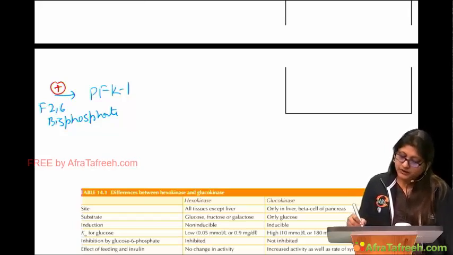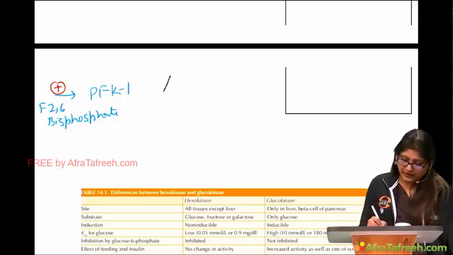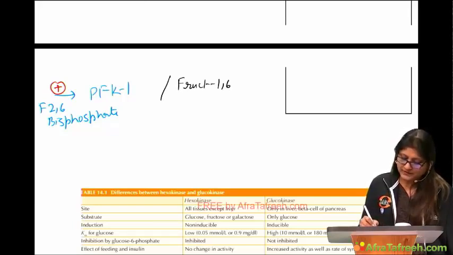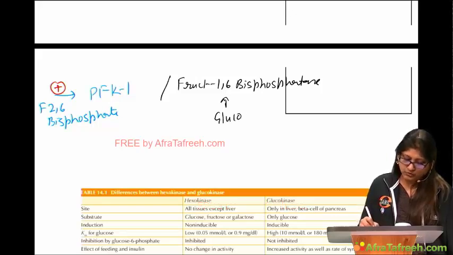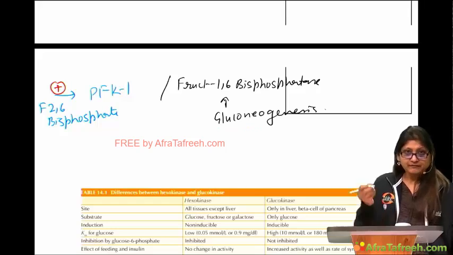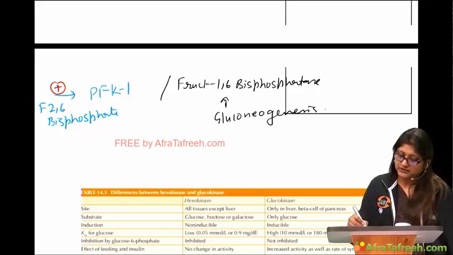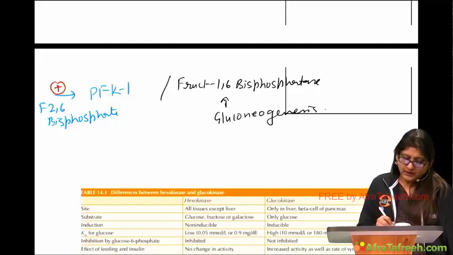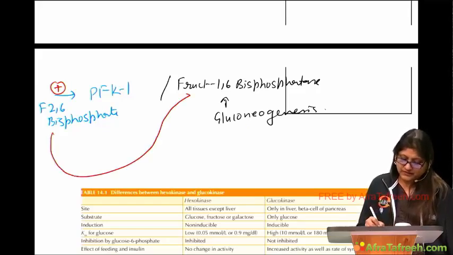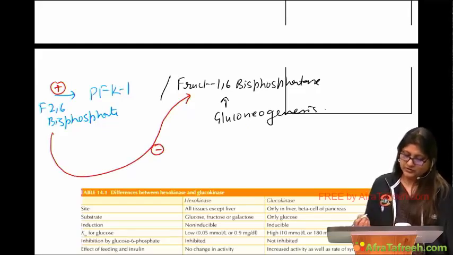When you're talking about gluconeogenesis, you have the counter enzyme fructose 1,6-bisphosphatase. This is the counter enzyme of PFK1 in the process of gluconeogenesis. And for this fructose 1,6-bisphosphatase, never forget, fructose 2,6-bisphosphate is acting as a negative allosteric modifier.